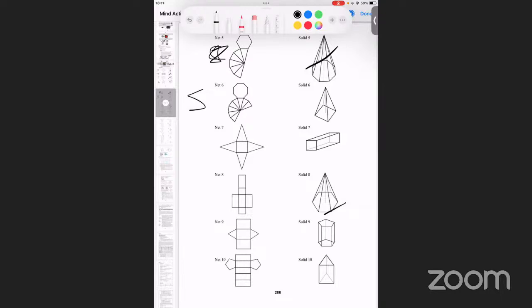Ma'am, net 7 is solid 6. Yes, 6. What about net 8?